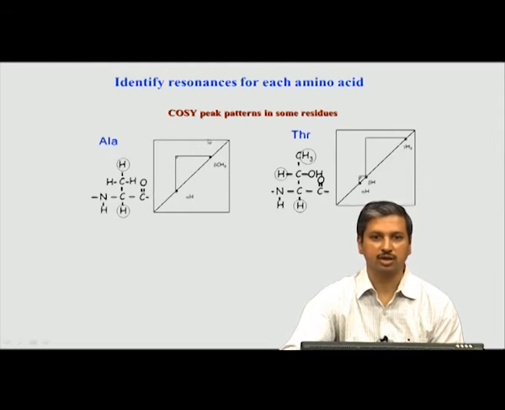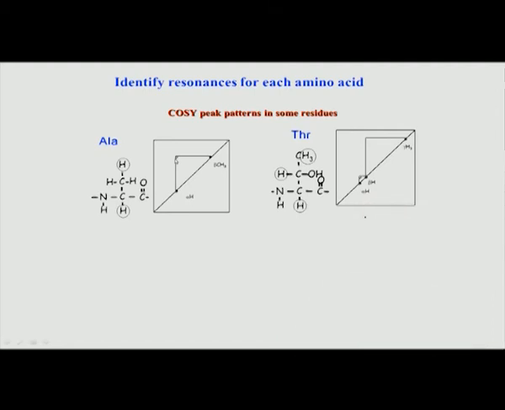Alanine is very simple, and this is what we see in many textbooks: alanine alpha, and we have already seen this gives a correlation to the beta proton. Okay. Remember, this axis and this axis are both hydrogens. So, the beta proton is coupled to the alpha proton by 3 bond J coupling.